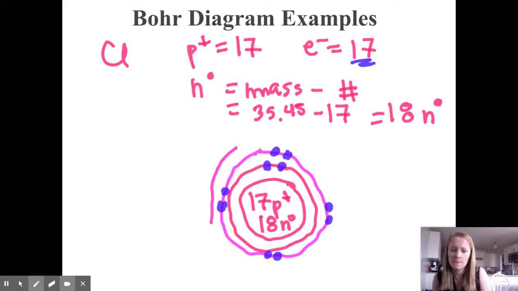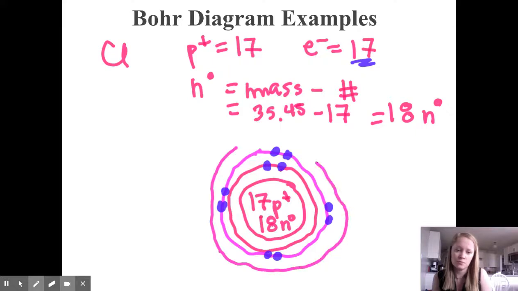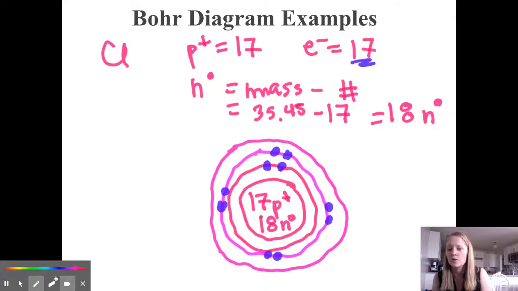Okay. So third energy level, and this one can have a max of 8 as well. So now I have 10, which means I have 7 left.